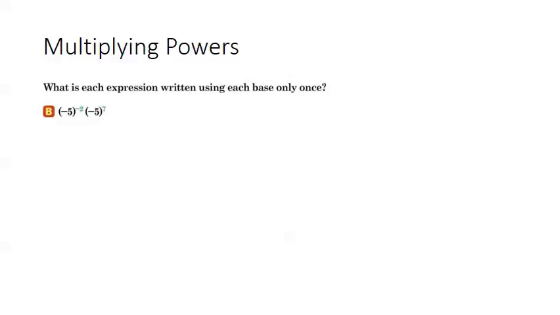Now, we talked about this. We have a negative now, but don't worry, don't fret, because it's the same principle. First of all, what's the base? -5. So we're going to leave that there. And then what are our two exponents? -2 and 7. So we can do -2 plus 7. What is -2 plus 7? Well, it's 5, right?